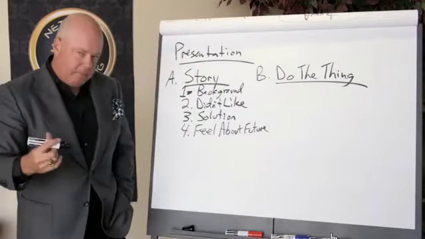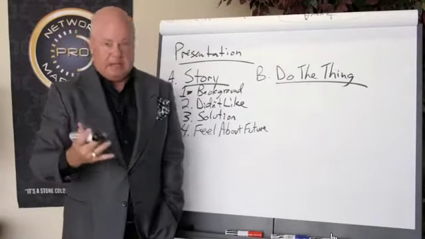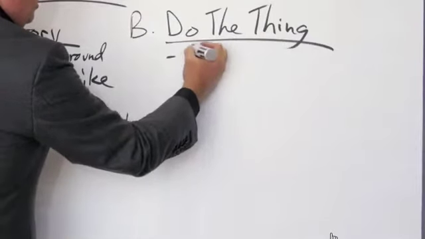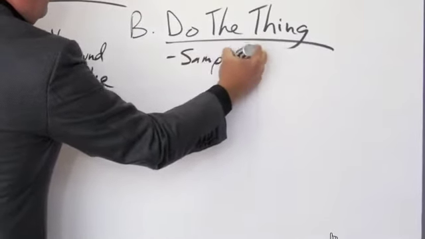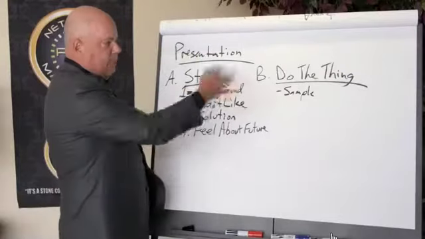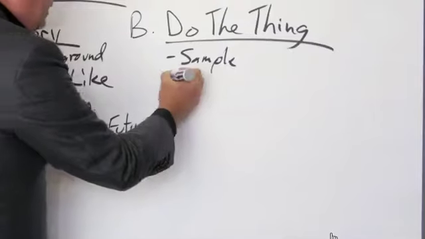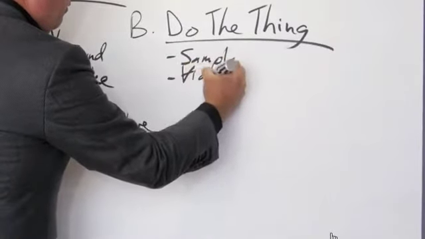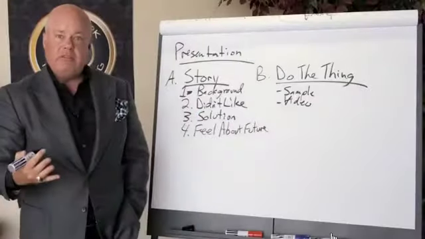Every company is different, which is why I can't be super specific with you on it. Some company might be sample the product. Tell the story, sample the product. Some companies might be show the video. Tell the story, play the video.